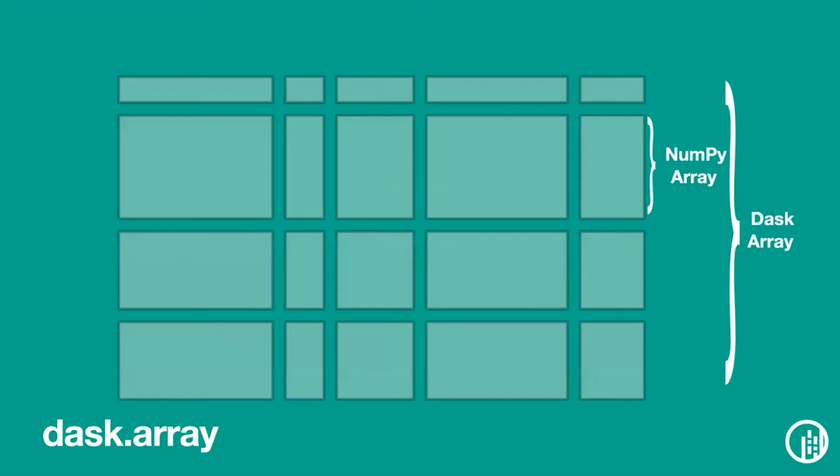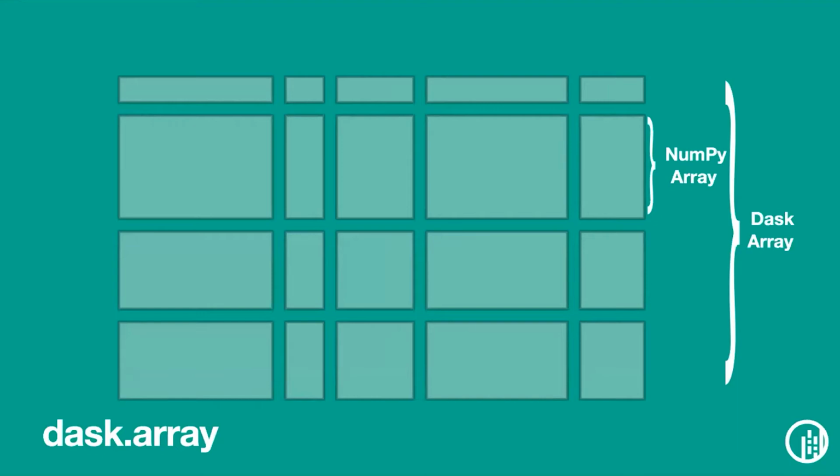Dask array chunks along two axes. So we get NumPy arrays inside, and the whole array has chunks which can be split along y and along x-axis in this easy example.